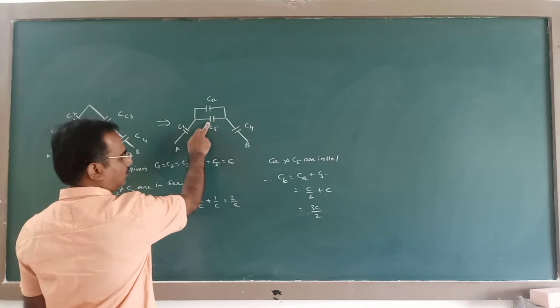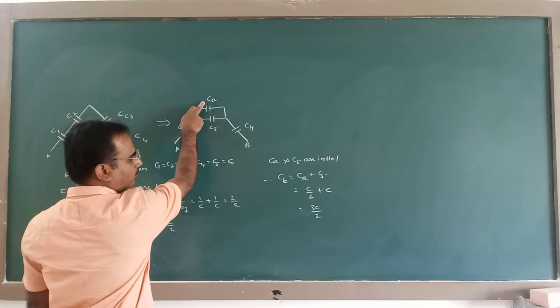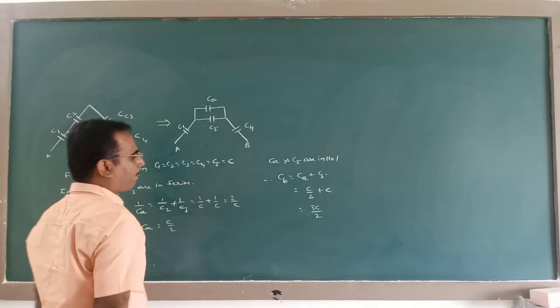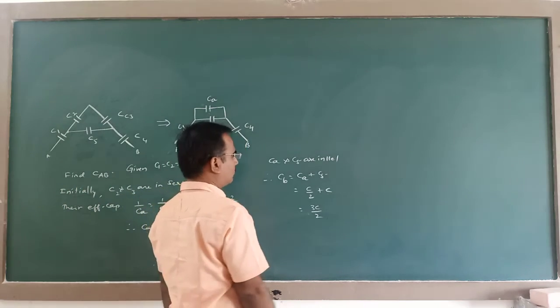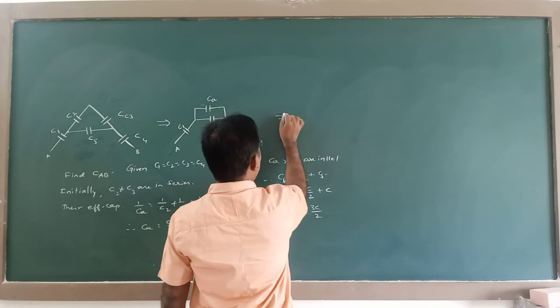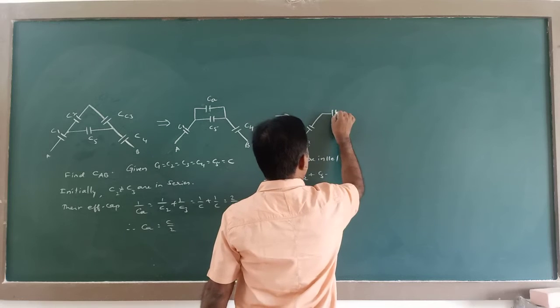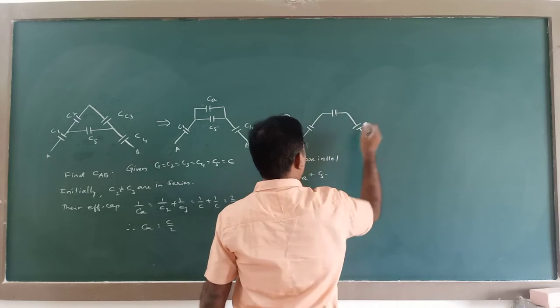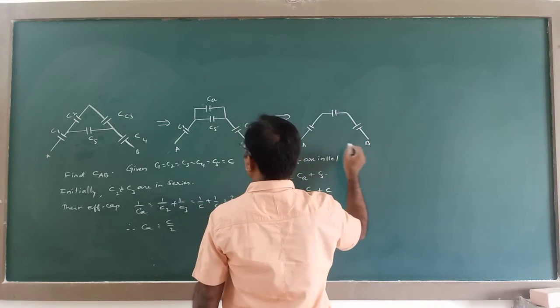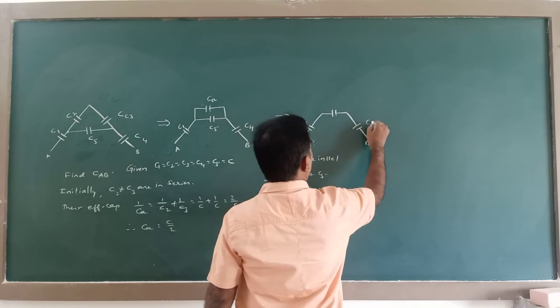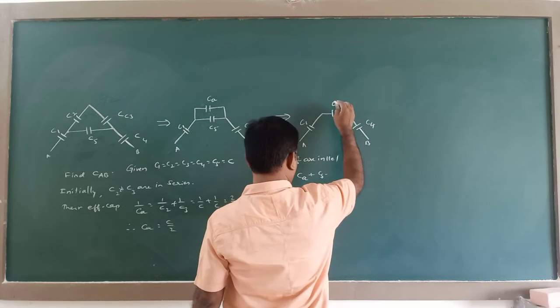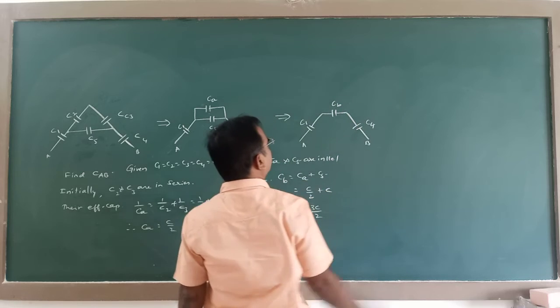So this is C by 2. This one is C by 2. And this is C. So it becomes 3C by 2. That means the circuit now reduces to this form. So this is A, this is B, C1, C4, and this is CB.